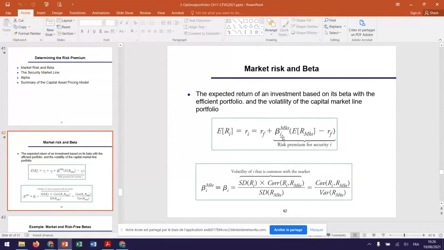You multiply the beta with the market risk premium, which is ERM minus RF, where ERM is the market expected return, minus RF. We call this the market risk premium.